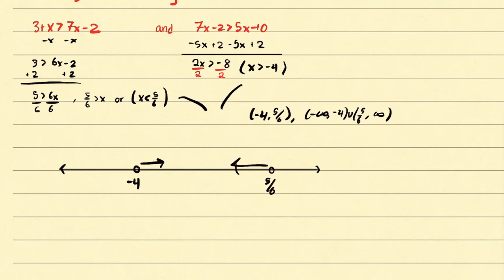So if these two arrows are pointing to each other, what you have is a single interval, which is this one. If, for example, the arrows are pointing away from each other, it would be this one. This is what we call disjoint intervals, meaning they don't touch each other. They are separated by some piece.